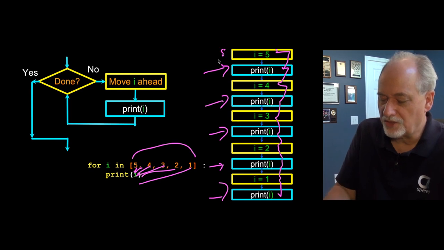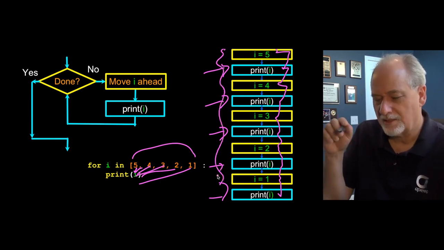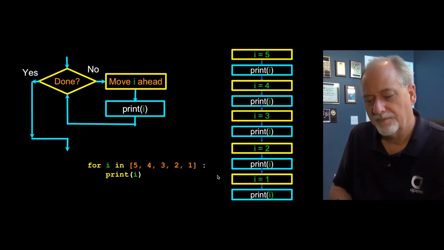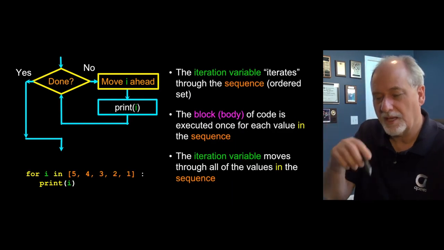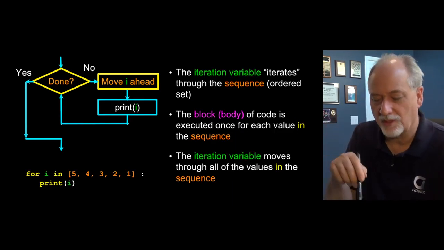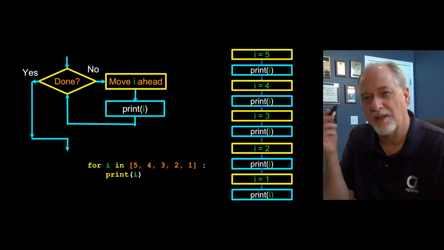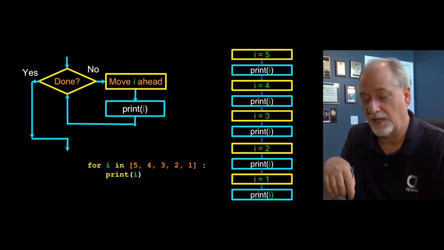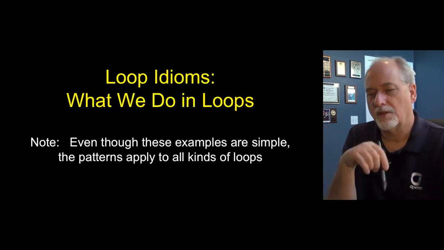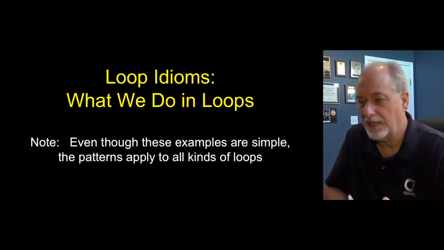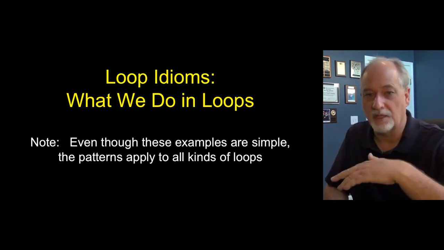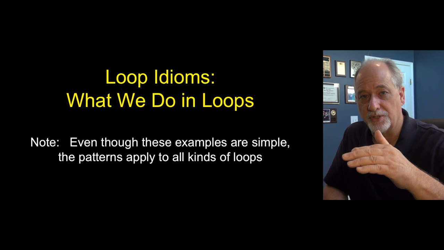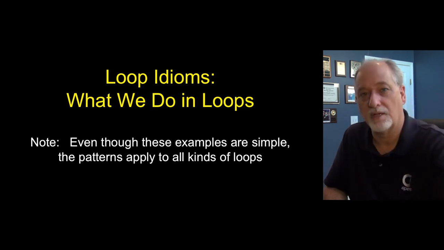This is one way to think about how it really works, but it's also logically the contract that Python is making for us. Up next, we're going to talk about taking this notion of doing something to a lot of items, but accomplishing something with that, and I call these loop idioms.